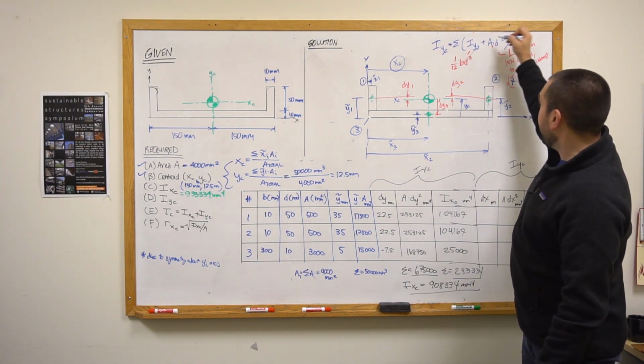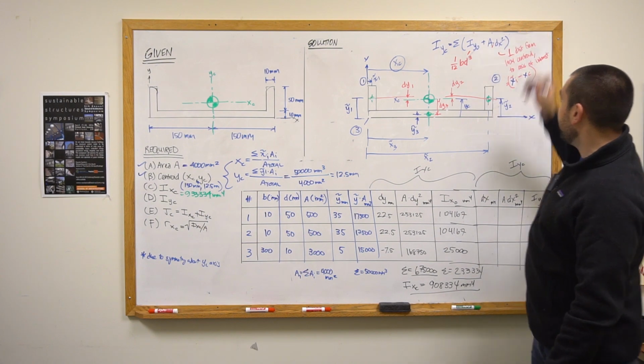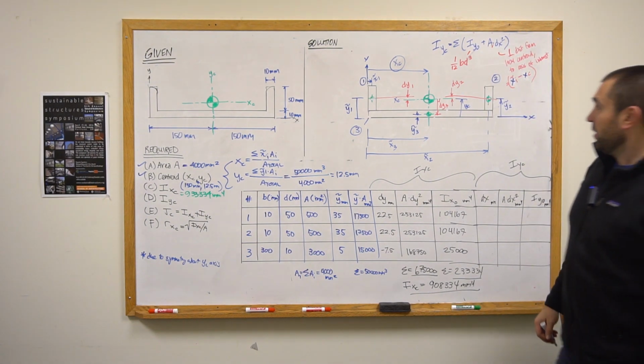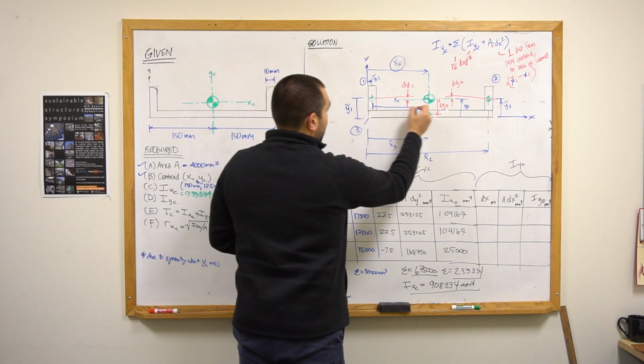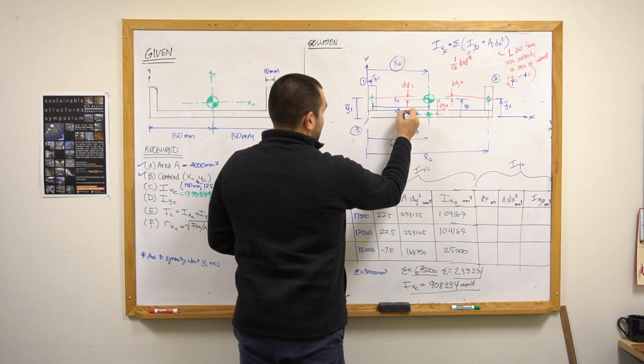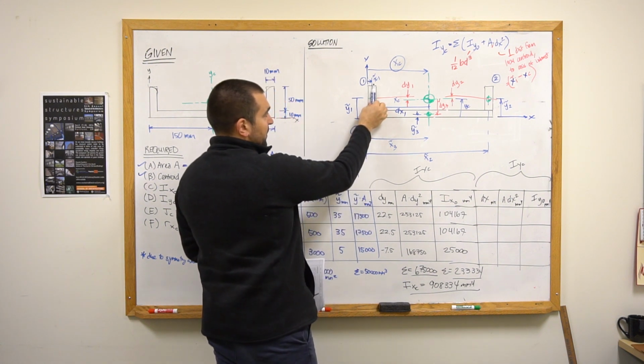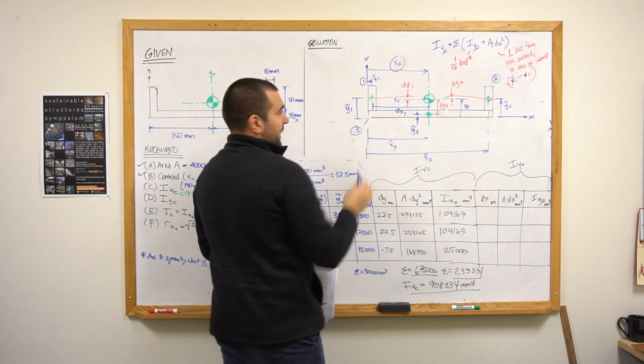IYC equals Iy naught plus a times dx squared. So if I were to plot them out over here, for shape number one, the distance dx1 is from this local centroid to this axis of interest.